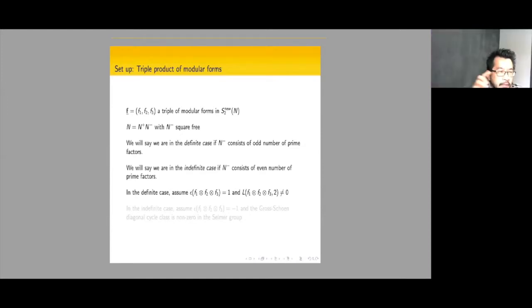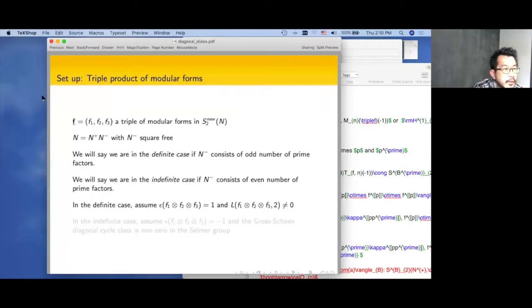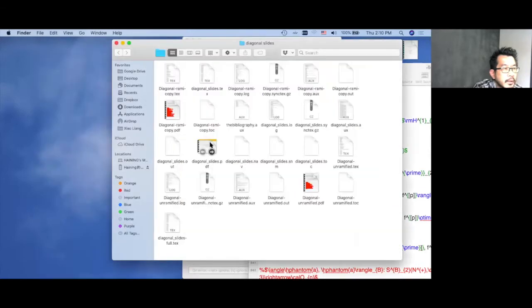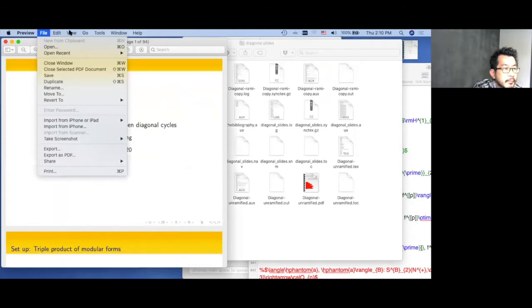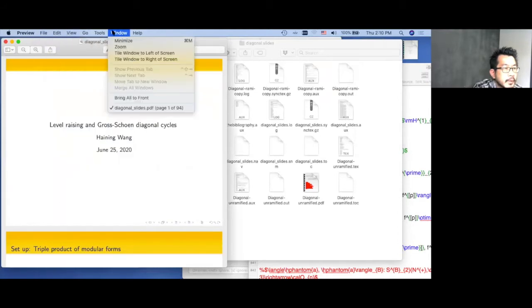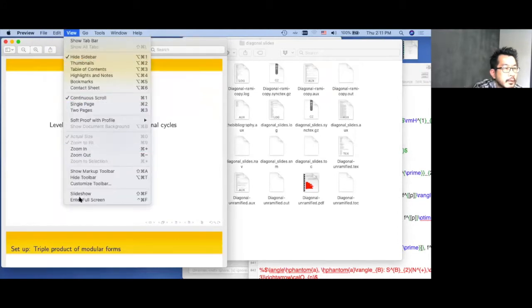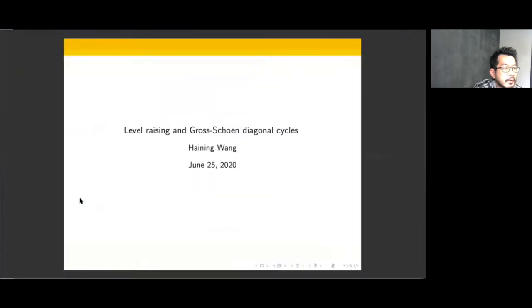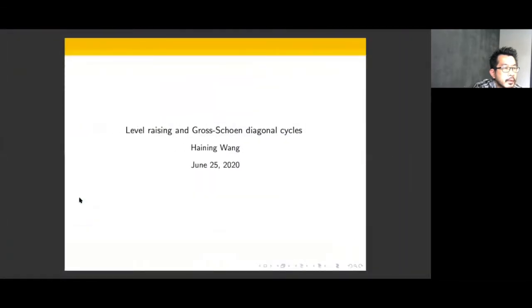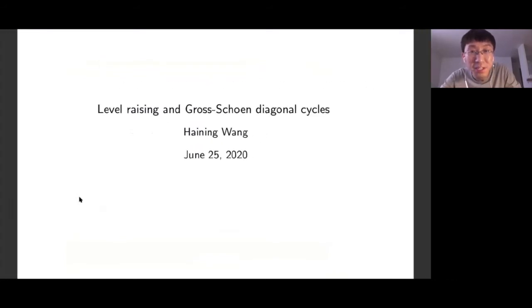Haining, do you think you can make the slides bigger? It seems like your slides are squeezed. Yeah, but is this okay?